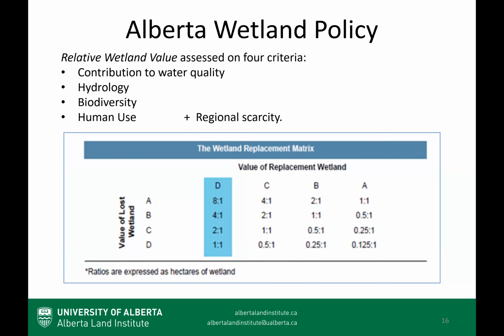The policy employs four criteria of contribution to water quality, hydrology, biodiversity, and human use, combines them with regional scarcity to give each wetland a rating on an A to D basis, which essentially reflects the wetland's value, and then applies a matrix of multiplier ratios to determine how much replacement must be provided for the loss of a particular wetland.